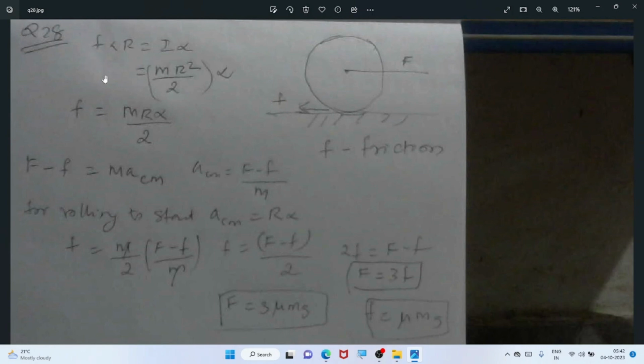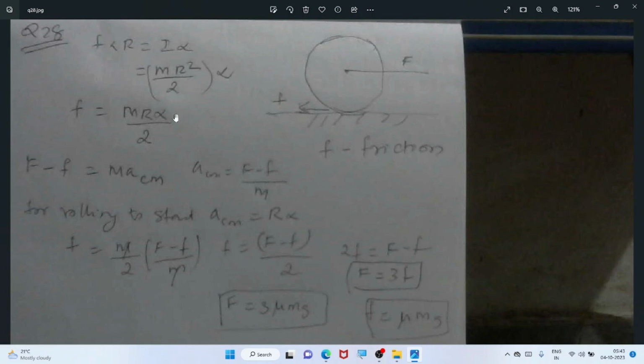For the angular acceleration, torque equals I alpha: force times radius equals moment of inertia times angular acceleration.